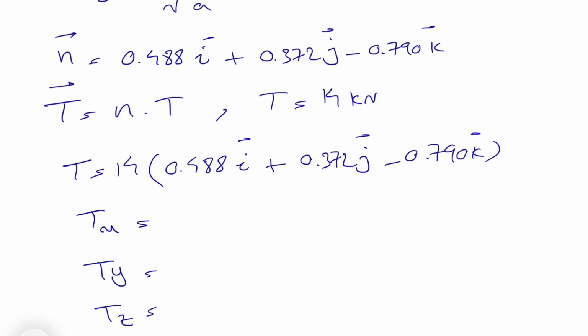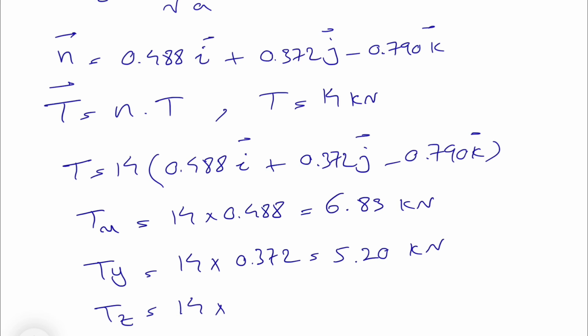And from here, we can find the x component of tension, the y component, and the same for the z component. So simply for the x component, we have 14 times 0.488, which will be 6.83 kilonewton.